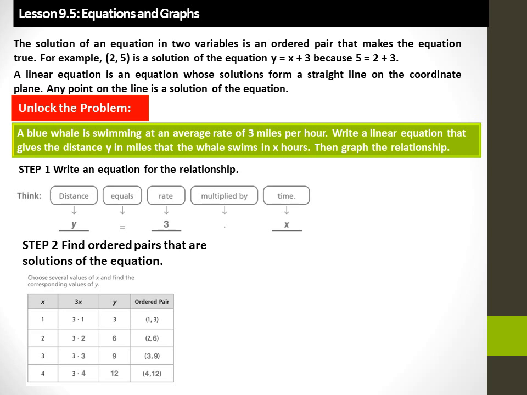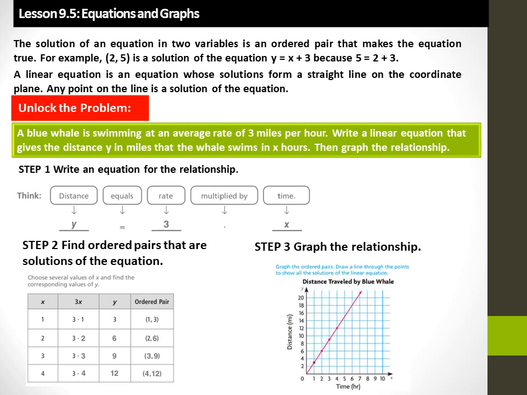The third one is (3, 9), because if x is equal to 3, y would be equal to 3 times x, which is equal to 9. And the last one is (4, 12). Step 3. Graph the relationship. So we need to graph the ordered pairs and join the points by a line.